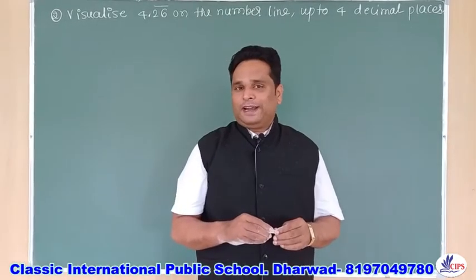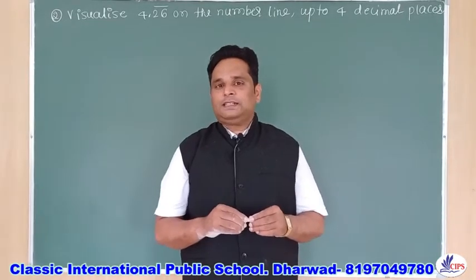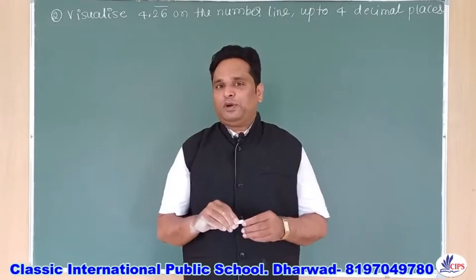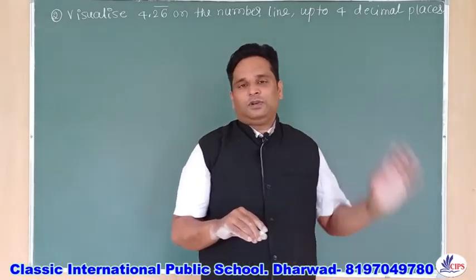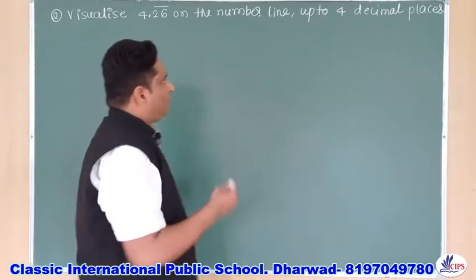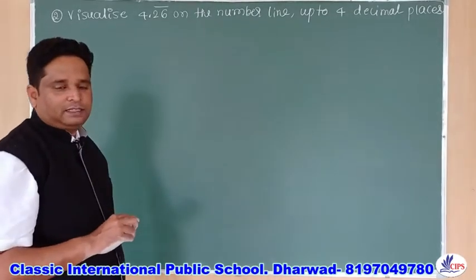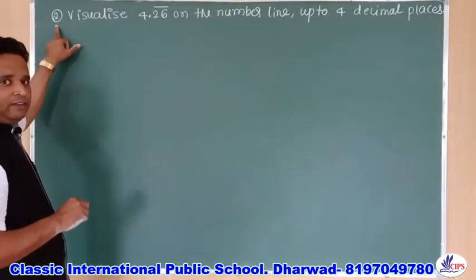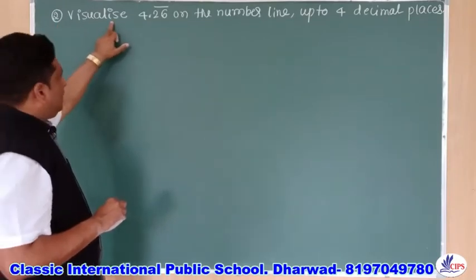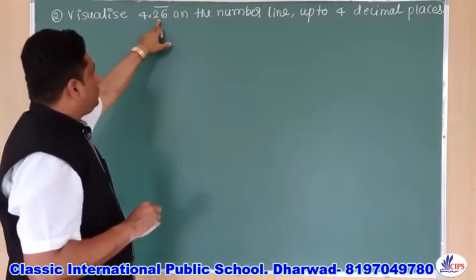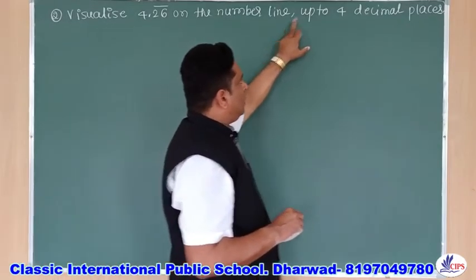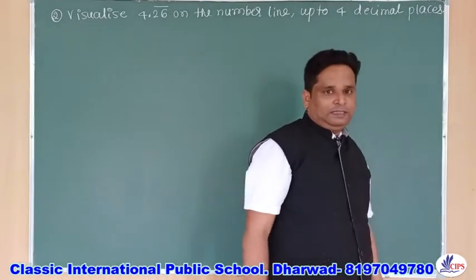Yes, children. We'll go to the second problem, problem number 2 in exercise 1.4. Right? There are only two sums in 1.4, children. This is the last sum here. Second question. What they have given, see here. Visualize 4.26 bar on the number line up to 4 decimal places.